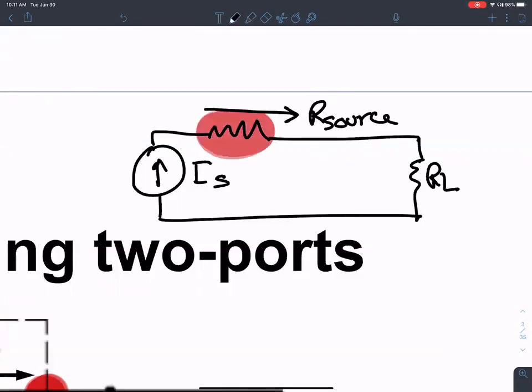So IS, maybe the current flowing through both of these terminals may be constant. Sure, I'll give you that.